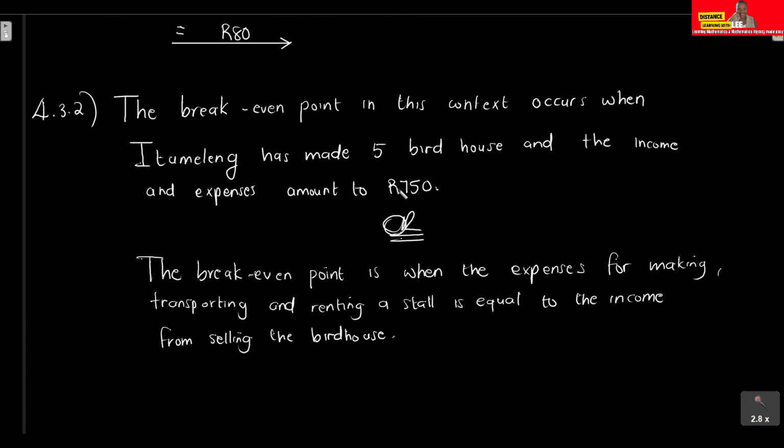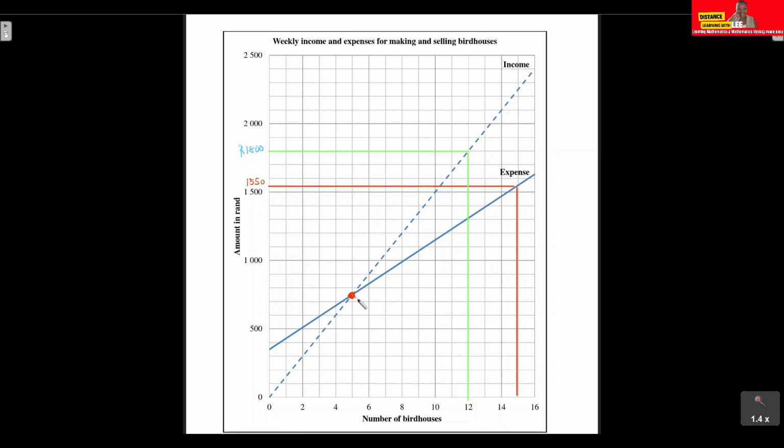I also explained what we mean by a break-even point. The break-even point is the point where your income and your expenses intersect, the point where the income and the expenses are equal. That break-even point helps us determine whether your business is working at a loss or a profit.